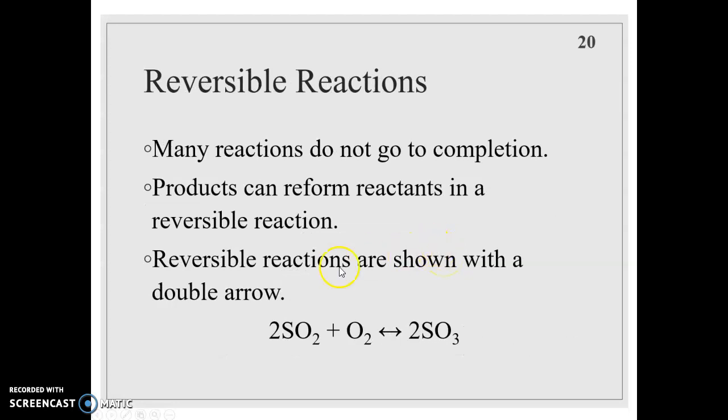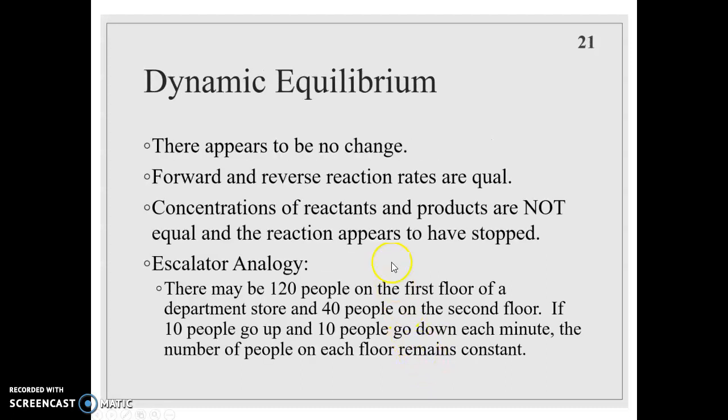In dynamic equilibrium, the product is still reacting to form reactants, and the reactants are reacting to form product. That may sound a little weird, but as long as those two things happen at the same rate, there appears to be no change in the amount of reactants and products.